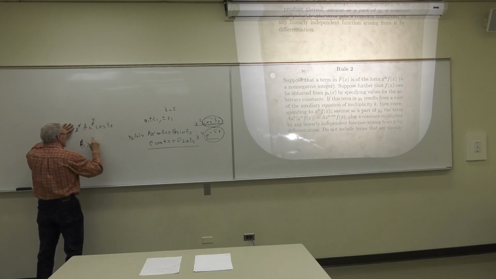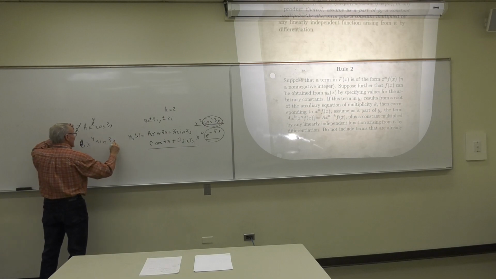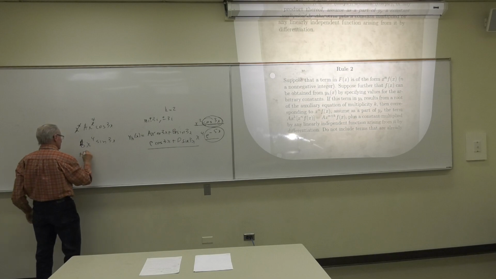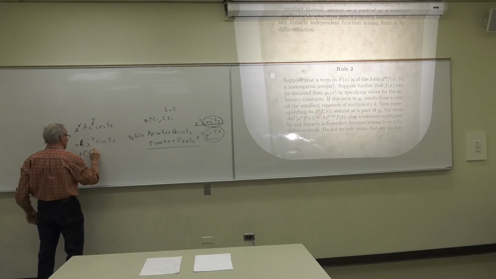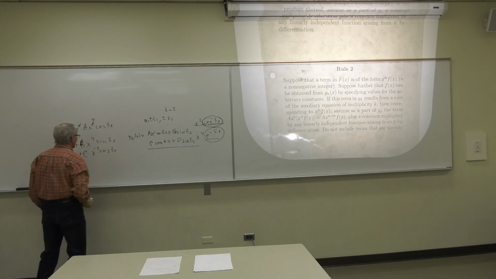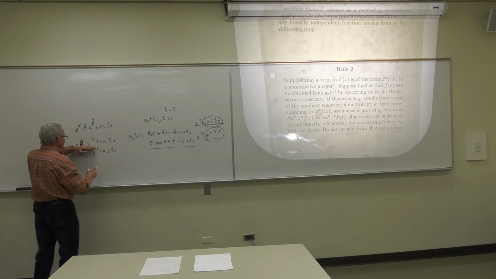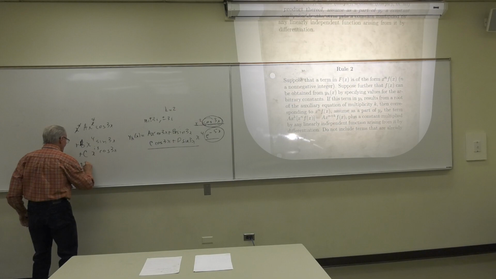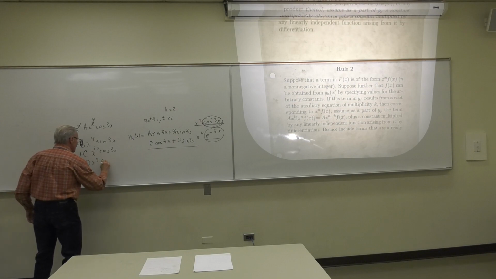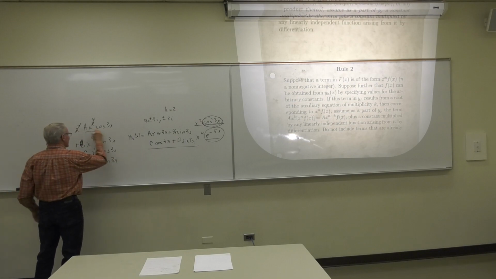B, x to the 4th sine 3x. If I differentiate this, I also get x cubed cosines. I need those. C, x cubed cosine 3x. If I differentiate this now, I get x to the 4th cos, that's back, but I get x cubed sines, I need those. D, x cubed sine 3x. Done with him.